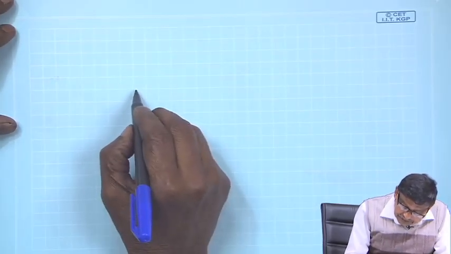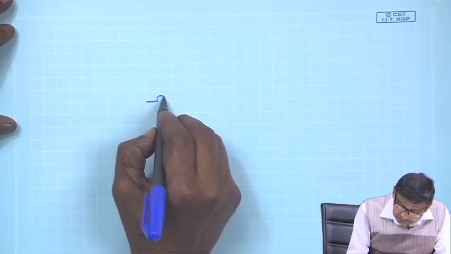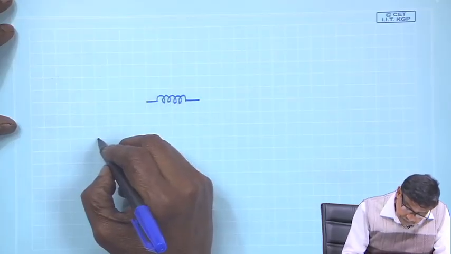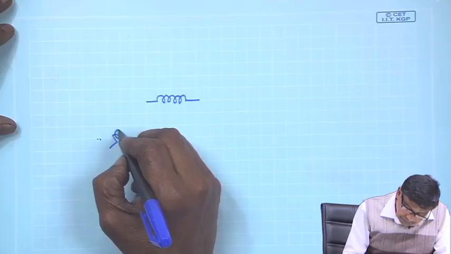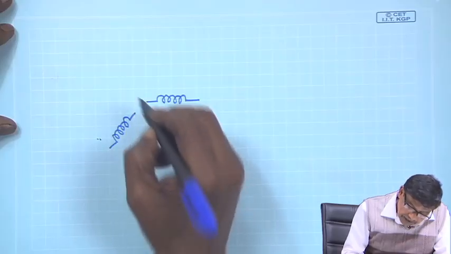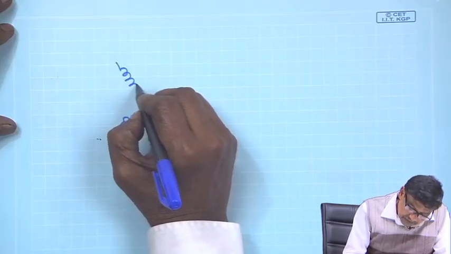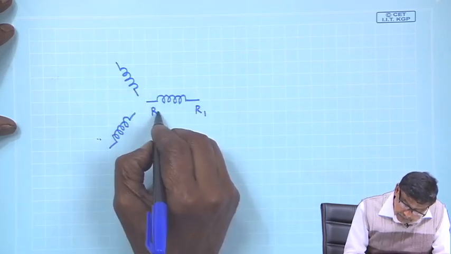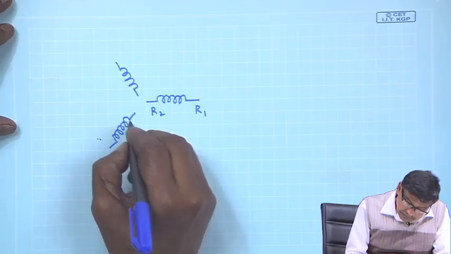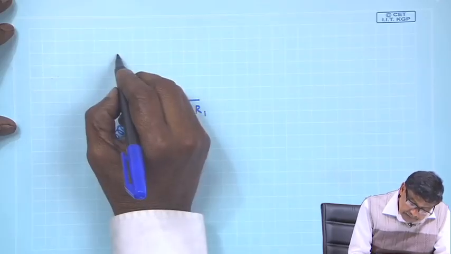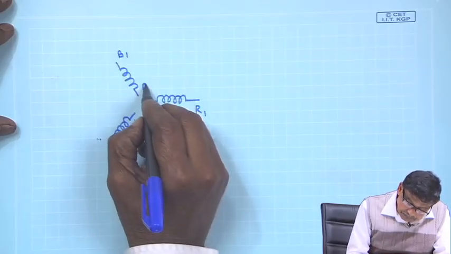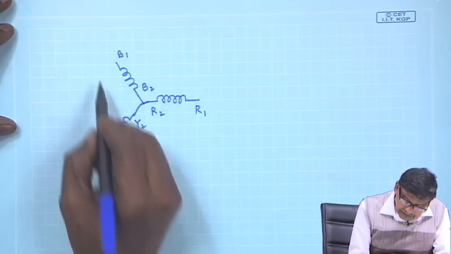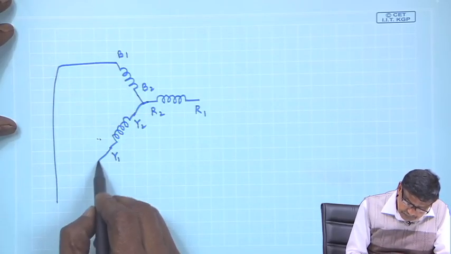See, suppose this is your R phase coil. This is your Y phase coil, this is your B phase coil. So, R1, R2, Y1, Y2 and B1, B2, and these three I have connected in star, the same diagram.